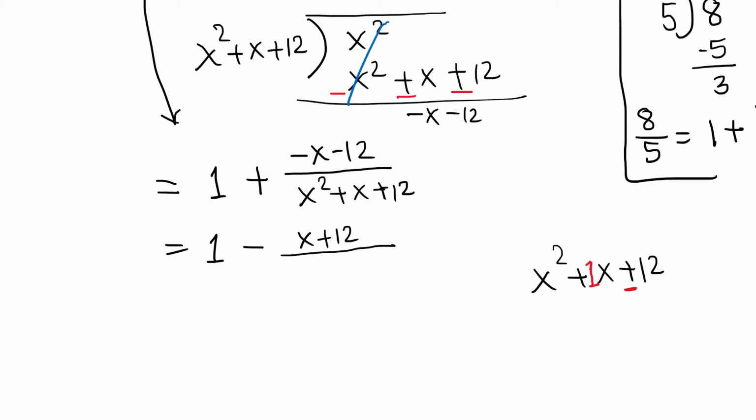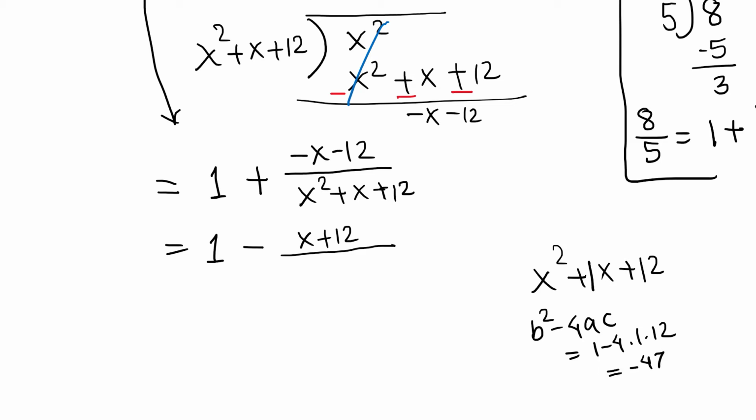Another way to check is you can just find the discriminant b squared minus 4ac. In this case b is 1, c is 12. If you do b squared minus 4ac, that is 1 squared minus 4 times 1 times 12, that's negative 47. So it's a negative number.